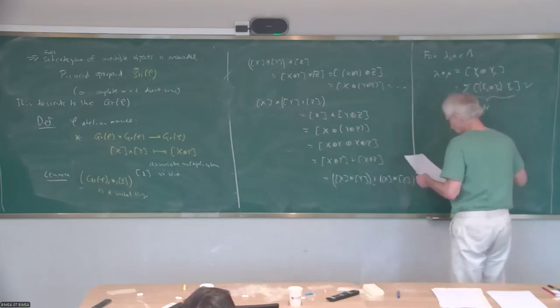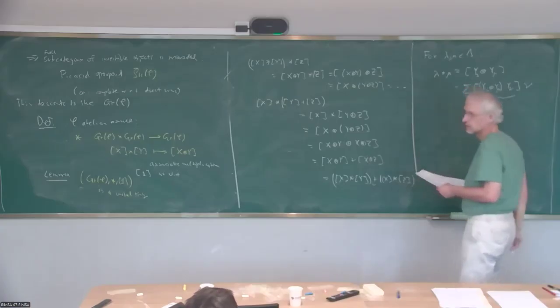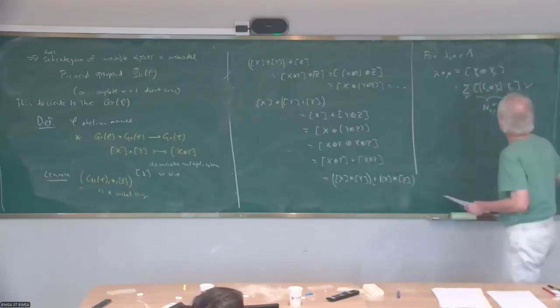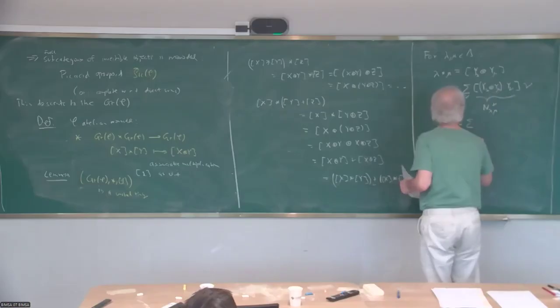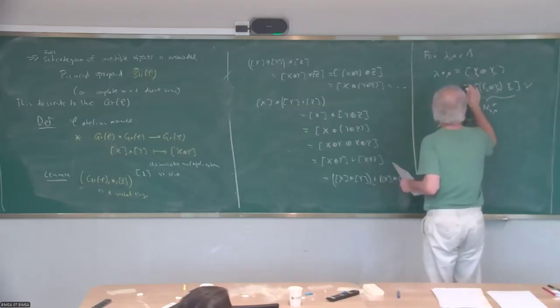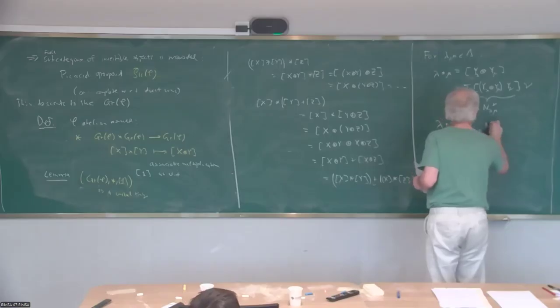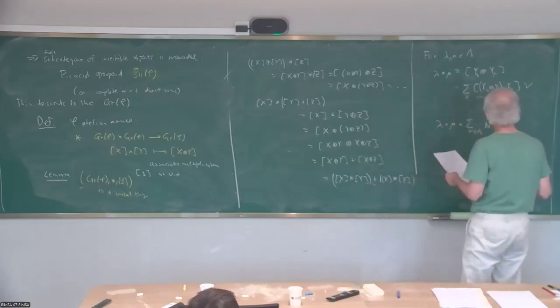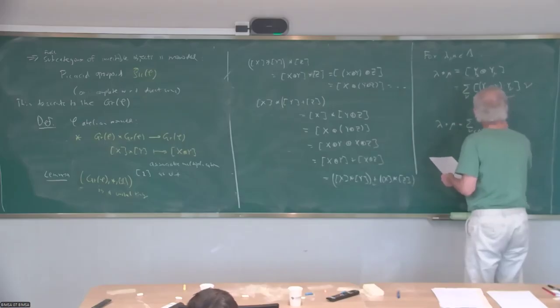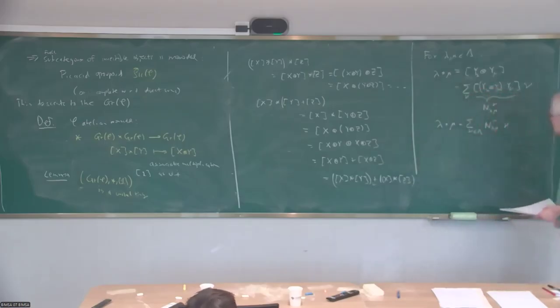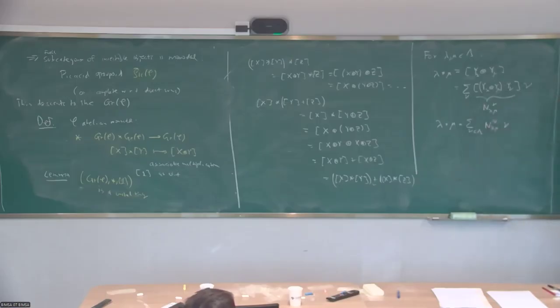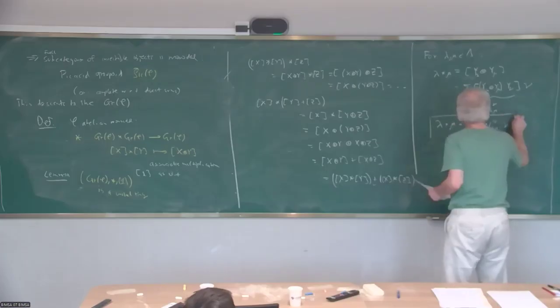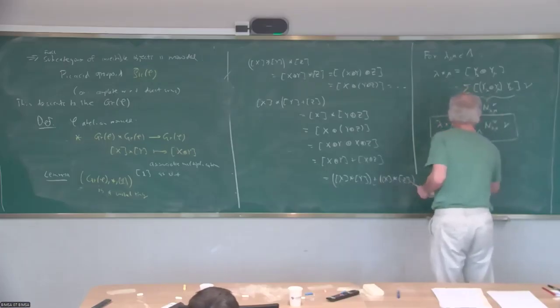This number we will often call N lambda mu nu, and then we see that lambda star mu equals the sum over nu in lambda of N lambda mu nu times nu, which means the N lambda mu nu fold sum of nu with itself, and this is often called the fusion rules.